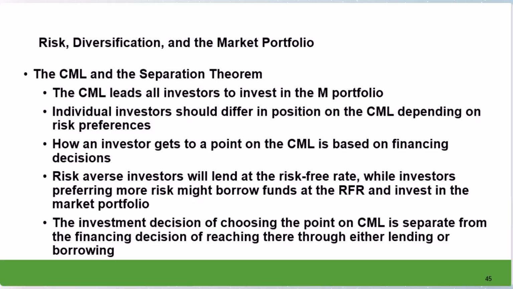What the capital market line theory provides us is something called the separation theorem. This states, as I've mentioned earlier, everybody holds a portfolio that is a combination of only two things, the risk-free asset and market portfolios.